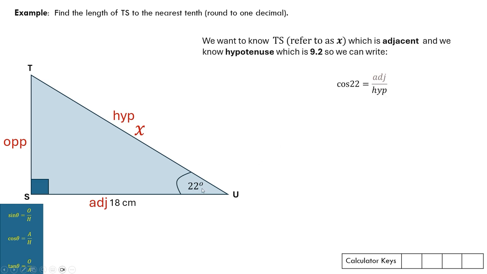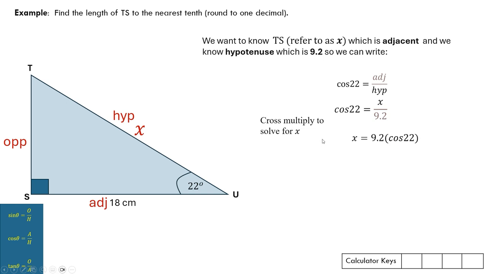So we can say that the cosine of 22 equals adjacent over hypotenuse. For this specific triangle, the cosine of 22 will equal x over 9.2. We'll cross multiply to solve for x.